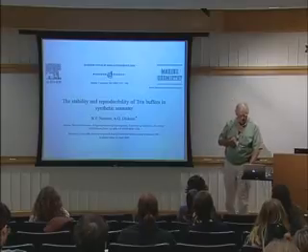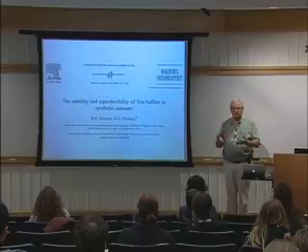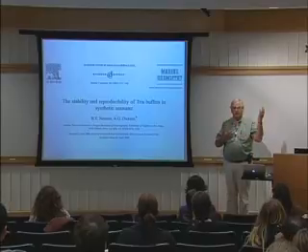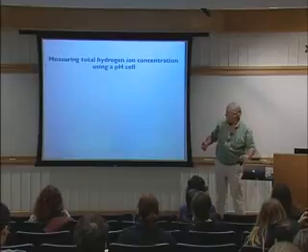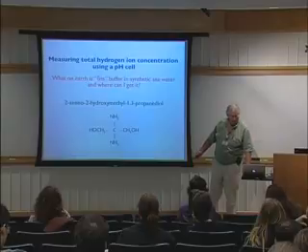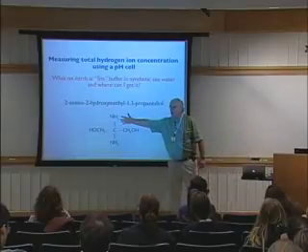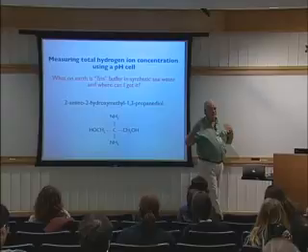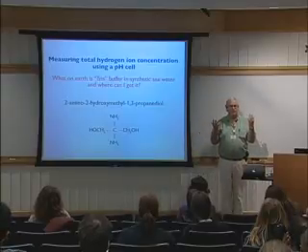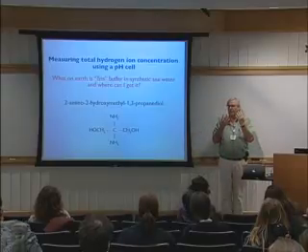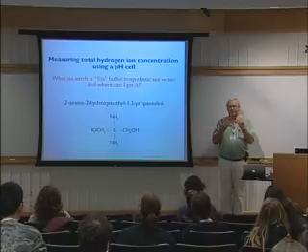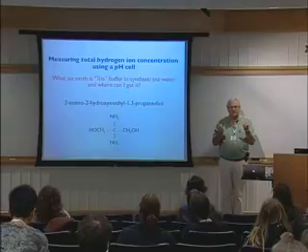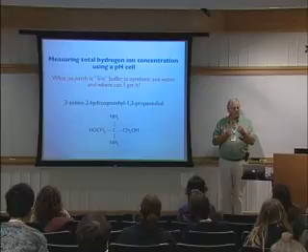The problem is that tris buffer is in synthetic seawater. So to be a buffer, you've got to have the acid form, the tris with H on it, so one of these protonated. You've got to have the base form. To be a good buffer, they're going to be in approximately the same concentration each. A buffer means if I contaminated this with an acid or base, does the pH change a lot or a little?